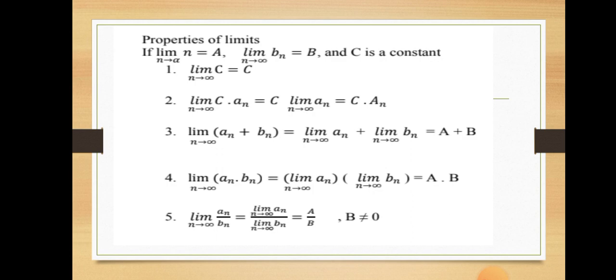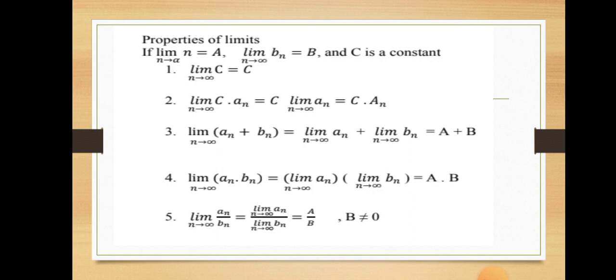Number 2, the limit as n approaches infinity of c multiplied by a_n is equal to c times the limit of a_n, which is c times a. Number 3, the limit as n approaches infinity of a_n plus b_n is equal to the limit of a_n plus the limit of b_n, which is a plus b.